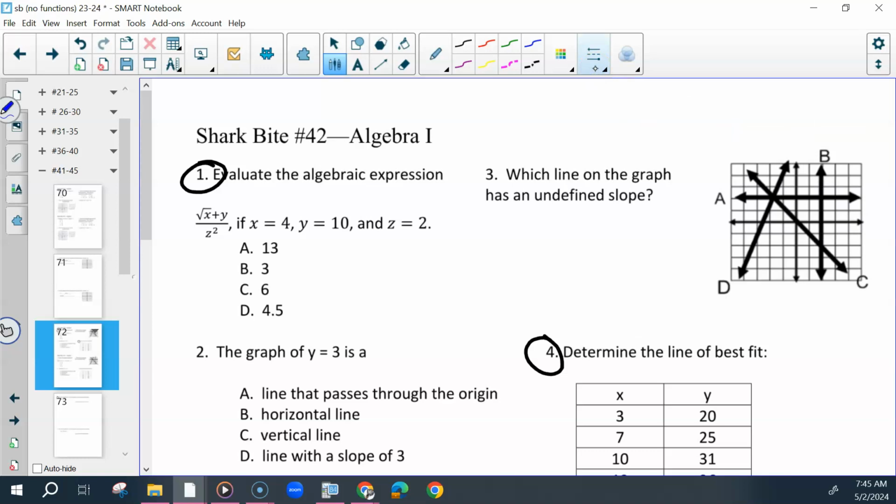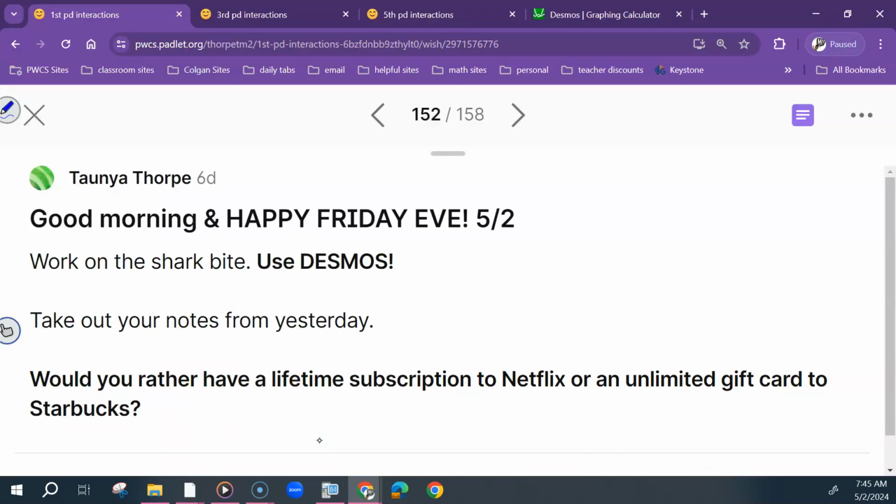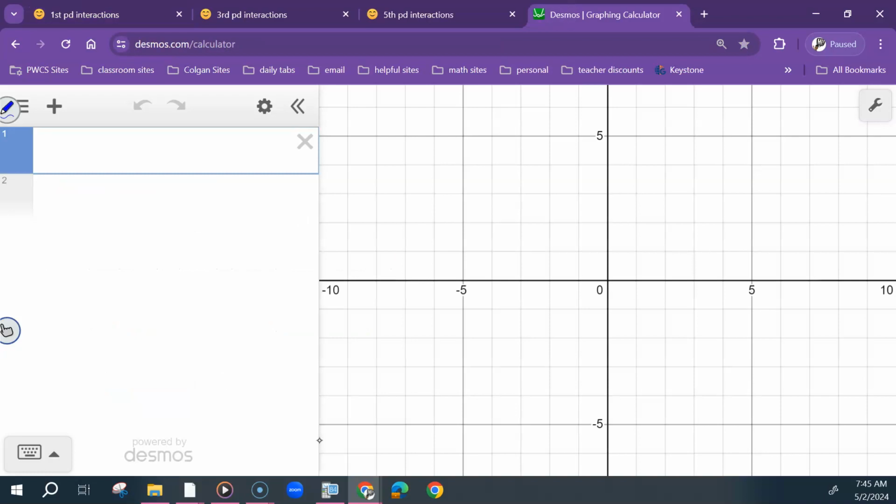Alright, number 1 can be done in Desmos as number 4. So you could do this one of two ways. Either put the numbers in using parentheses or put the numbers in with sliders.